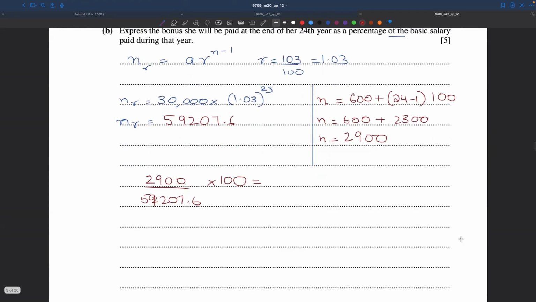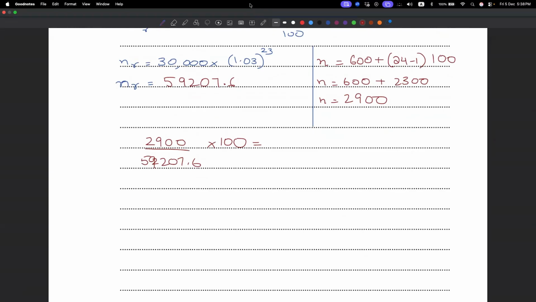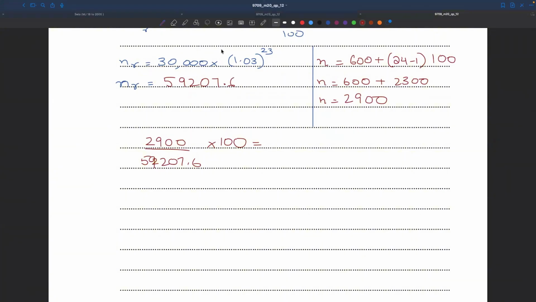Whatever the answer is, I would want to know, obviously. Says 4.89 or 4.9. 4.90% to 3 SF. You got 4.898 now?